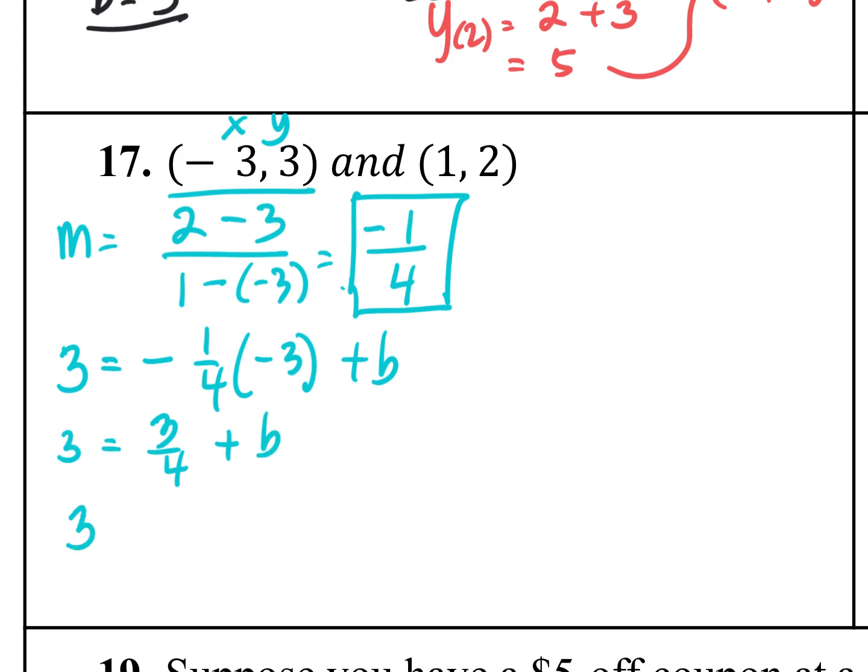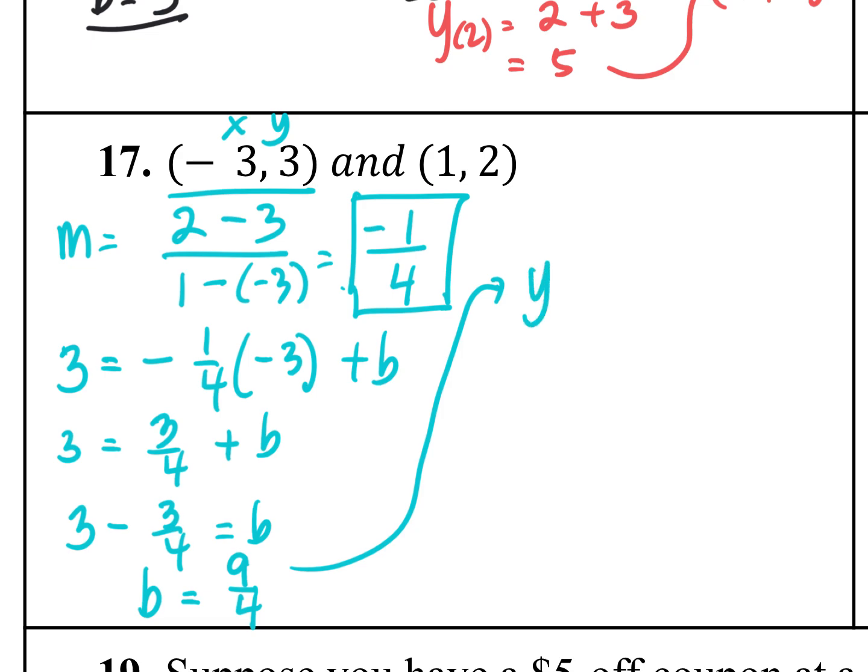So transposing it, 3 minus 3 over 4 is equal to b. Therefore, b is equal to 9 over 4. So if you now write the equation, that's y is equal to negative 1 over 4x plus 9 over 4.